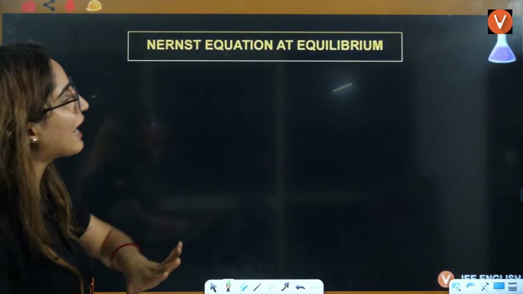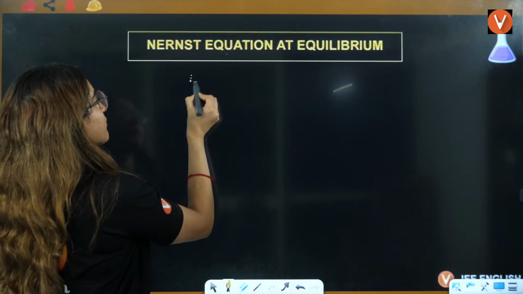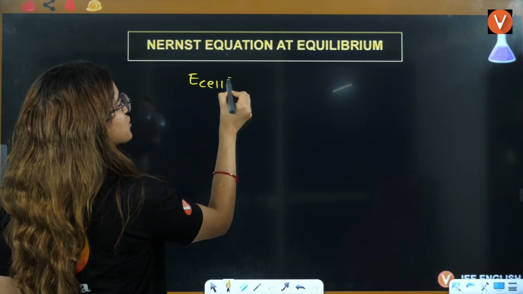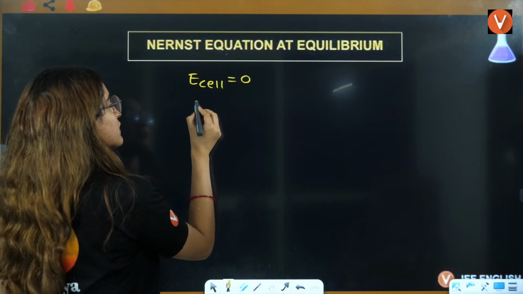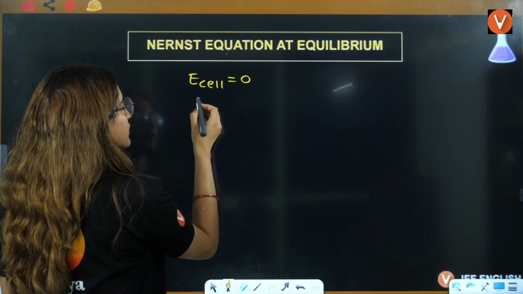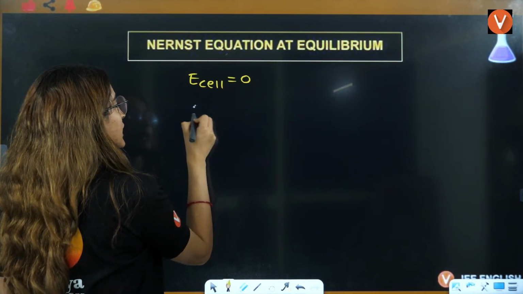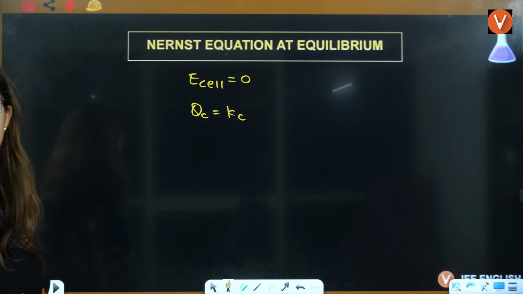Nernst equation at equilibrium is, see, at equilibrium, E cell will become equal to 0. At equilibrium, E cell will become equal to 0, and your QC will become equal to KC. This is what happens at equilibrium.